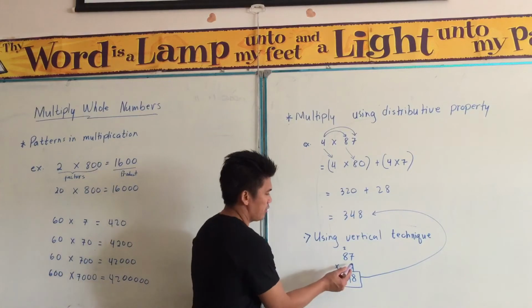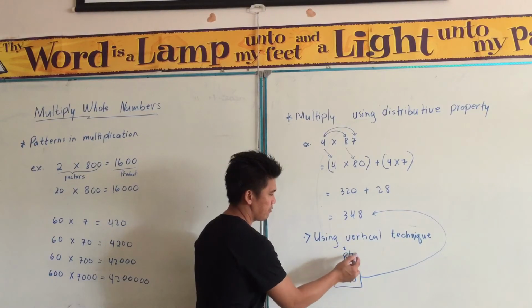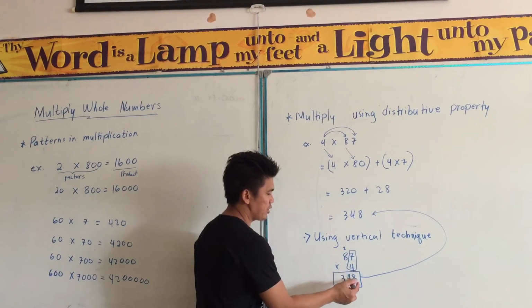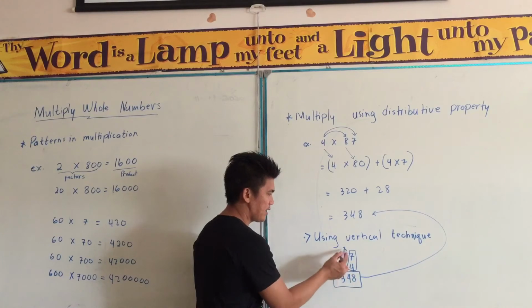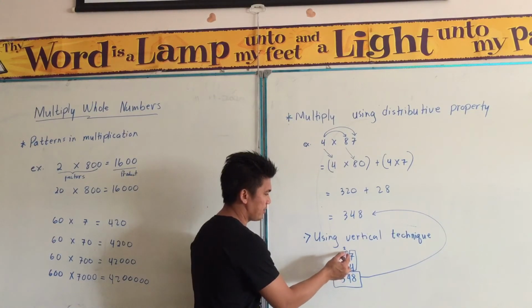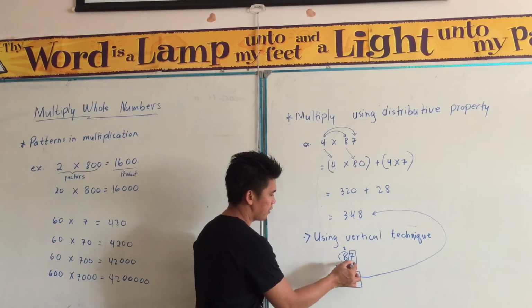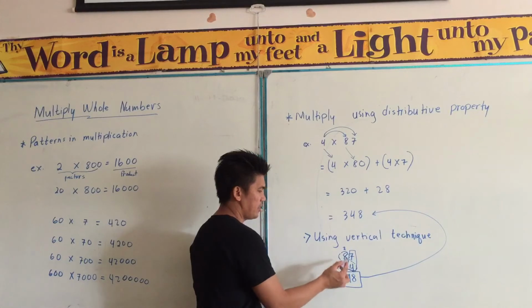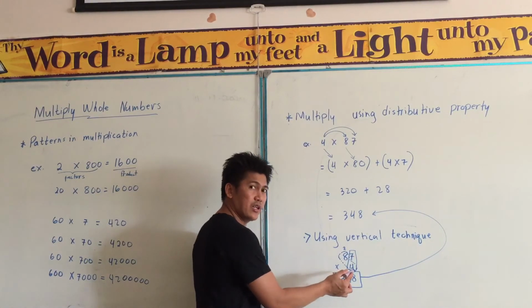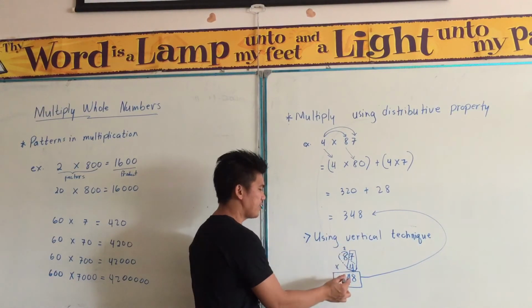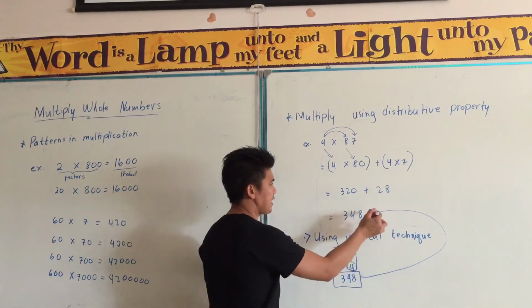Multiply this one first. 7 times 4 is 28. So 8, carry 2. After that, this one, 8 and 4. 8 times 4 is 32. Plus 2, that's 34. You see, our answer is the same.